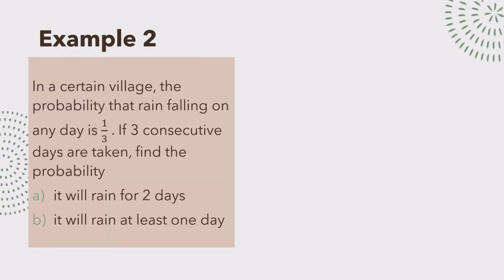Alright, next example. In a certain village, the probability that rain falls on any day is 1 over 3. If 3 consecutive days are taken, find the probability that it will rain for 2 days. The sample is 3 because 3 consecutive days are taken.